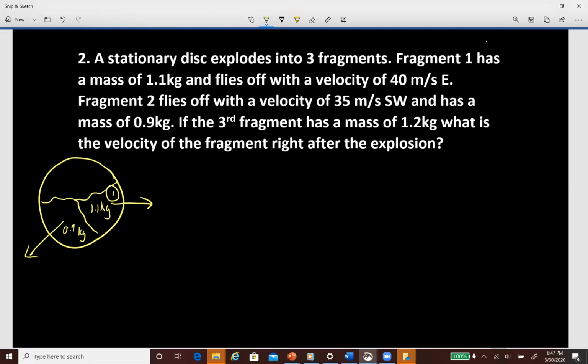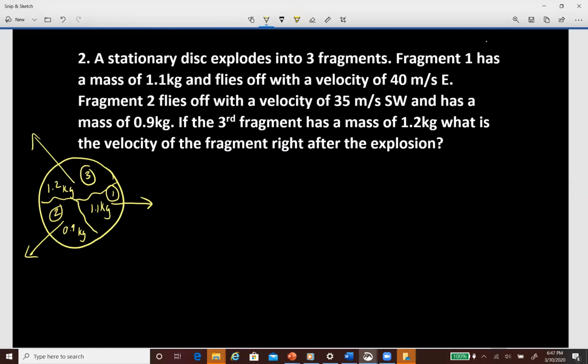That would make sense with the last fragment going in a northwest direction based on this drawing, and that piece is 1.2 kilograms. That's fragment 3.